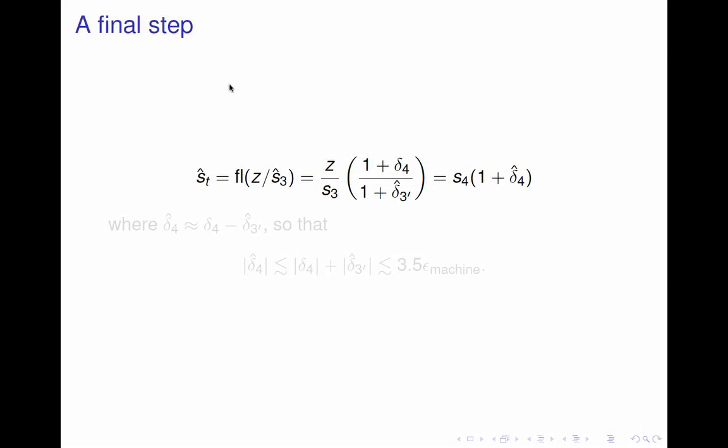So we're going to again write that as 1 plus delta 4 hat, where delta 4 hat now is roughly delta 4 minus delta 3 prime, right? So that means that the size of delta 4 hat is going to be bounded by the size of delta 4 plus the size of delta 3 prime hat, so about 3.5 machine epsilon.